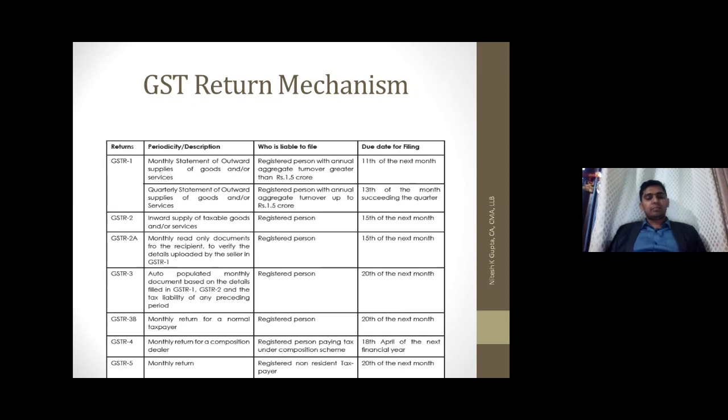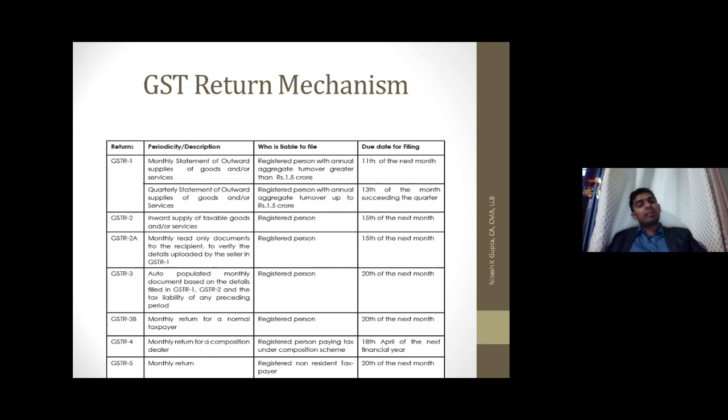Again, let me tell you one thing. This is the old mechanism. This mechanism is no more effective. But still, since it's in your books, I'm explaining it. GSTR 2 is the purchase return. Purchase invoices are to be uploaded in GSTR 2 by the 15th of the next month. GSTR 2A is a read-only document available to the recipient.